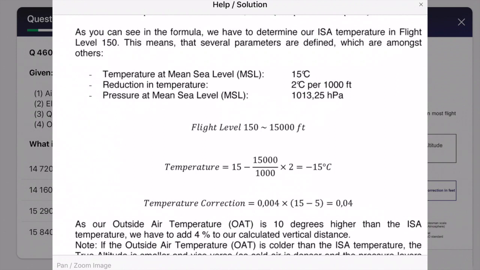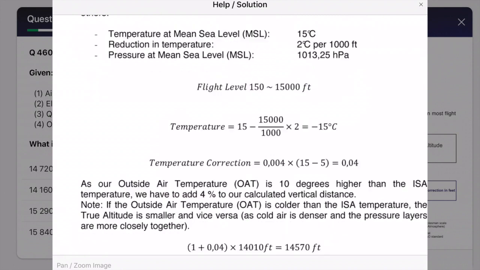So the standard temperature at flight level 150 should be minus 15 degrees, but we only have a temperature of minus 5 degrees. So the difference is 10.